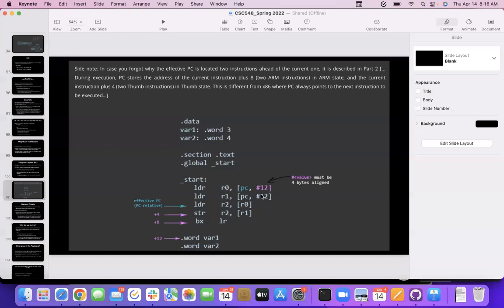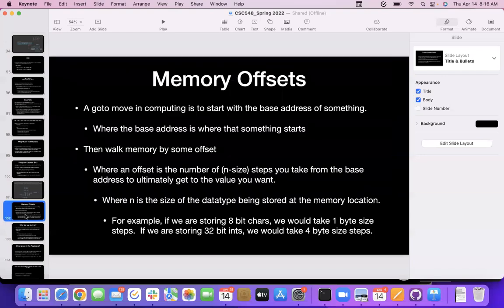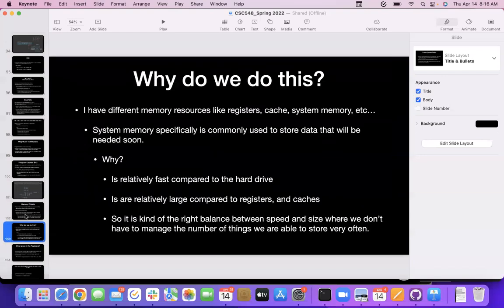So since you're going to commonly want to do these four instructions in a row, why don't we just build them into a single instruction for you? Something along those lines. But at the end of the day, we want to be feeding off of system memory, so we have things built into assembly specifically for walking system memory. That's an important part of working with any kind of computer hardware.